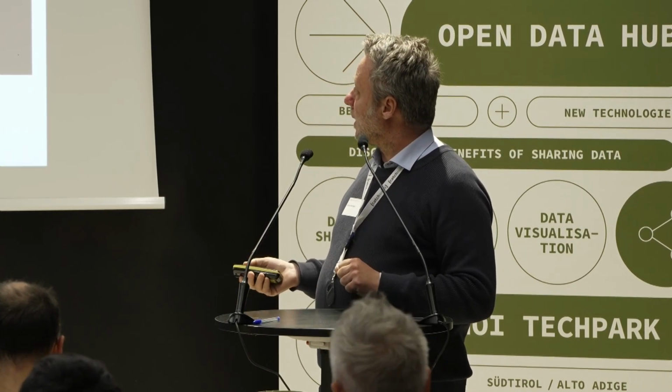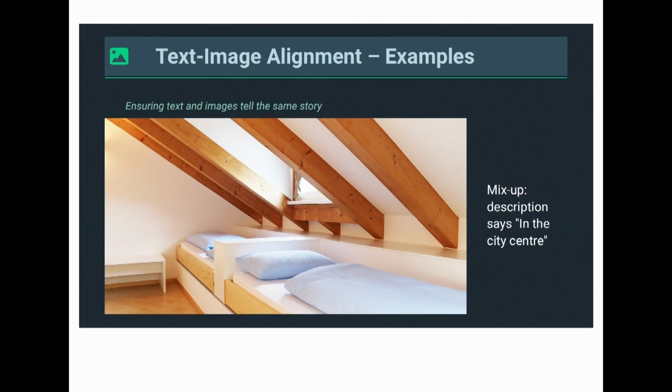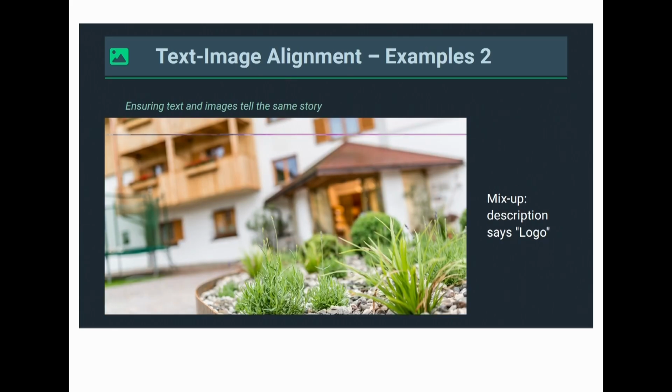Okay. For example, this was one case we detected. Here there is a room, but the description was in the city center. So this does not really match the description. In this case, for example, the description mentions a logo, but there is no logo in the images.